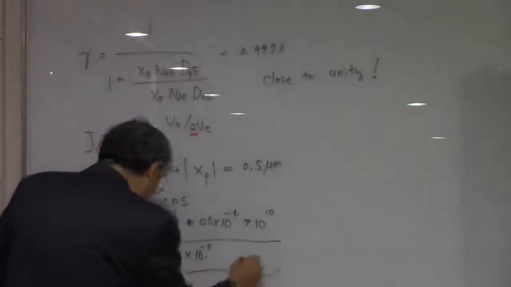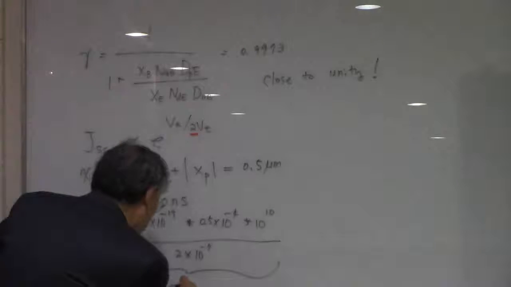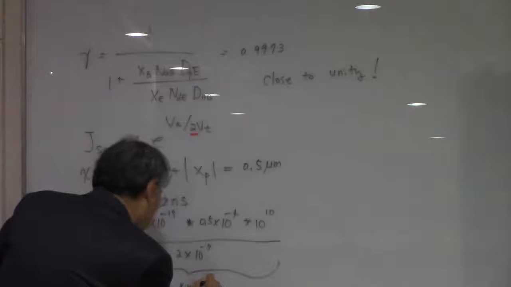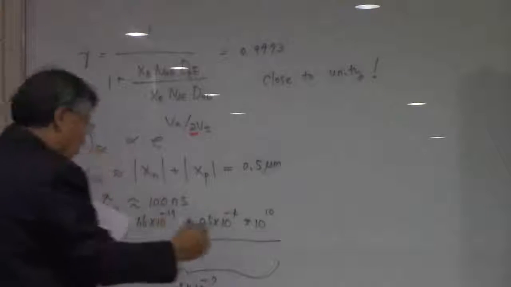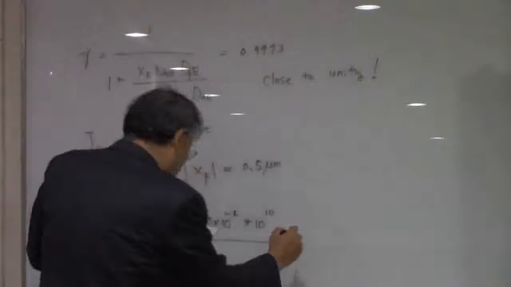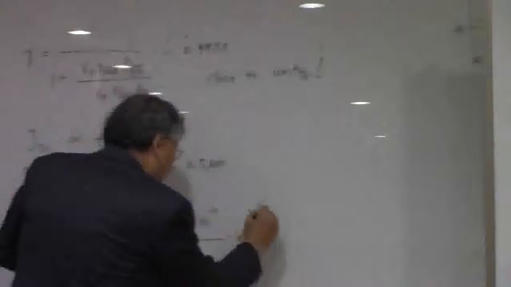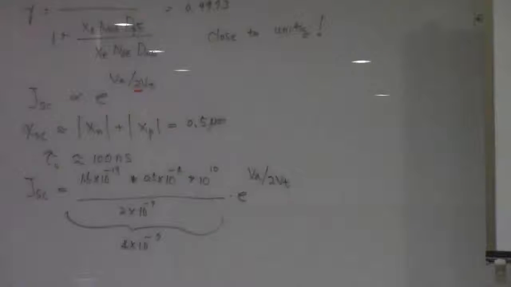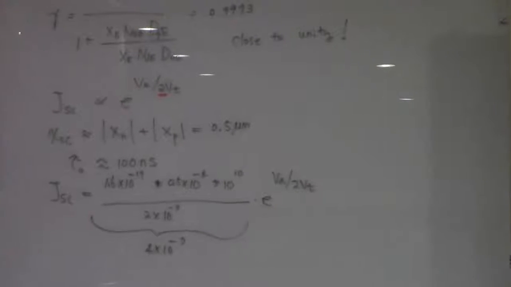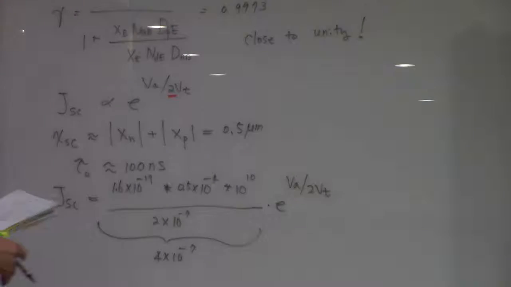And this is going to be 4 times 10 to the minus 7. All right? And then e to the VA over 2 VT. That is going to be the current that comes from the space charge region recombination.